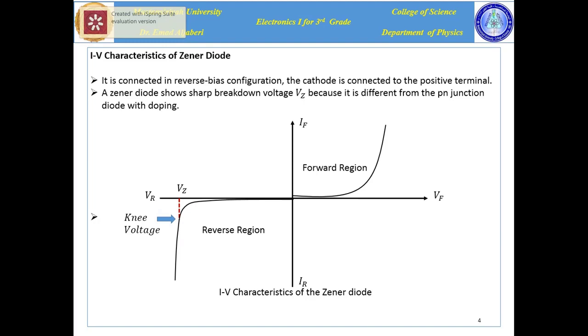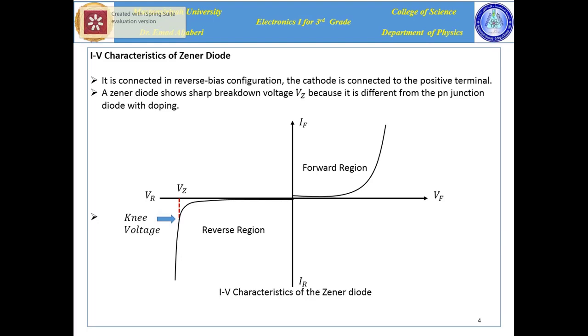IV characteristics of the Zener diode. We have already known that the Zener diode should be connected in the reverse bias configuration. That means the cathode should be connected to the positive terminal of the unregulated power supply. The typical behavior of the IV characteristics of a Zener diode is shown in this figure. There are two different regions, the forward region and the reverse region.